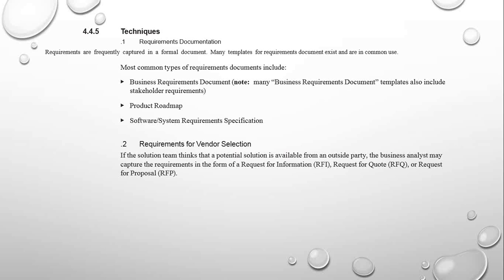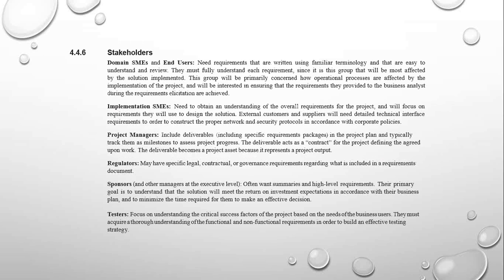If a vendor has some additional questions, they may come back to the company with a request for information, which is called an RFI. So these are the different terms used for the vendor selection procedure. These are part of the business analysis world, which is why we keep hearing all these words used interchangeably.